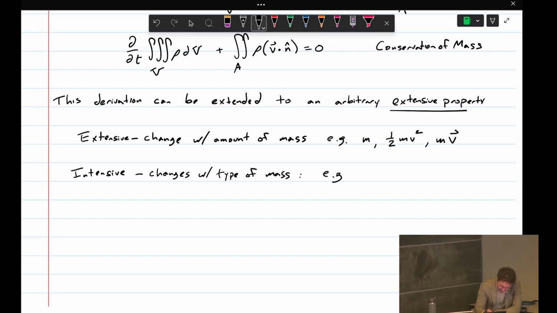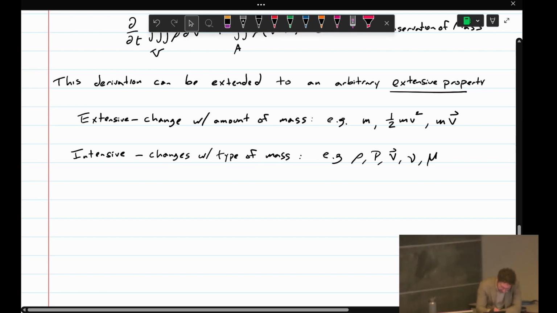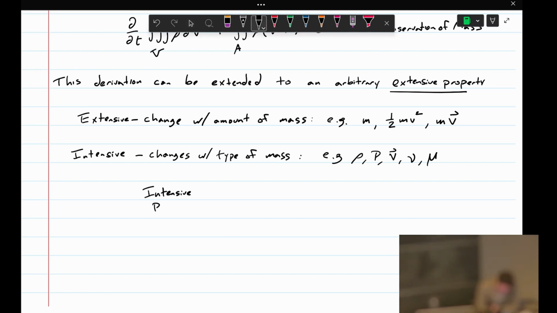So for example, density, pressure, velocity. So material properties or these other quantities divided by mass become intensive properties. So in general, the intensive property is equal to the extensive property divided by mass.